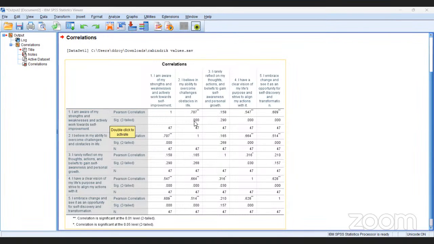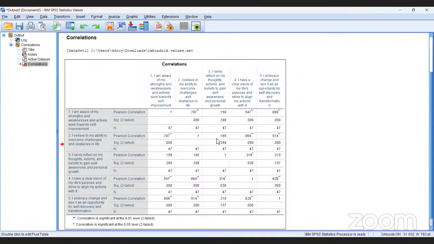Here you can find 0.0001. That means it is significant, very highly significant, 1 versus 2. And this item number 3 is not correlated with other items also.